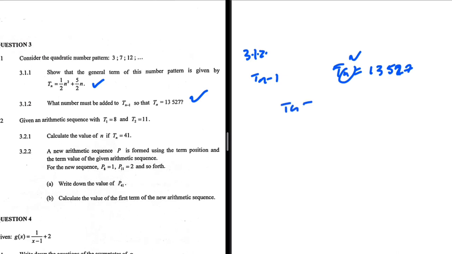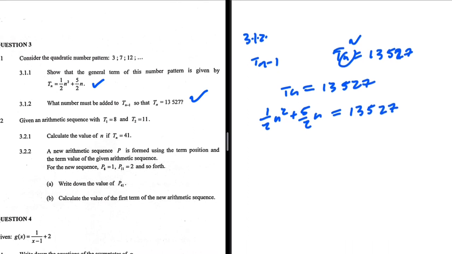Tn is equal to 13,527. In place of tn, we know that we have a half n squared plus 5 over 2n being equal to 13,527. So if we take 13,527 to the left hand side, we get a half n squared plus 5 over 2n minus 13,527 being equal to 0.